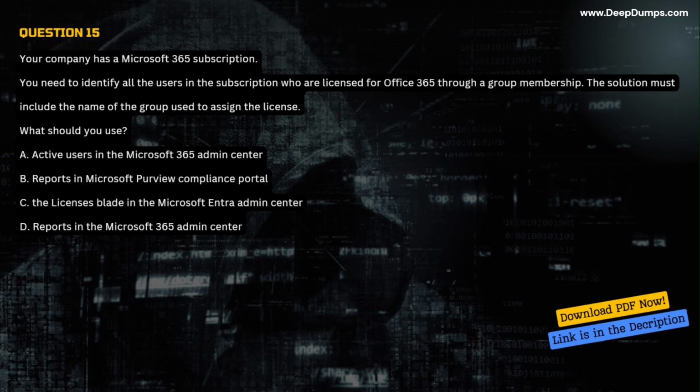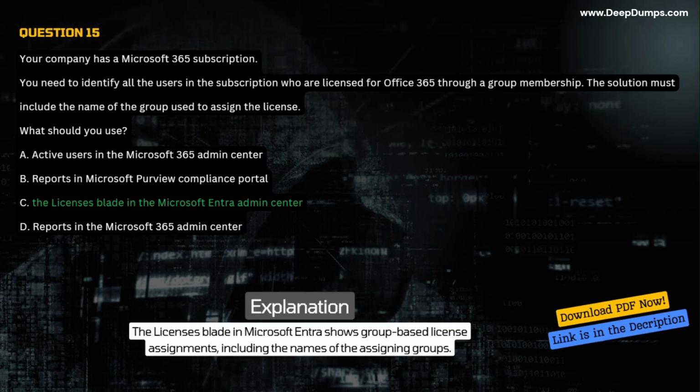C. The licenses blade in the Microsoft Entra Admin Center. D. Reports in the Microsoft 365 Admin Center. Correct answer C. The licenses blade in the Microsoft Entra Admin Center. Explanation: The licenses blade in Microsoft Entra shows group-based license assignments, including the names of the assigning groups.